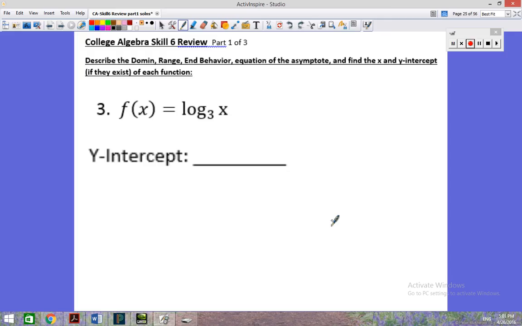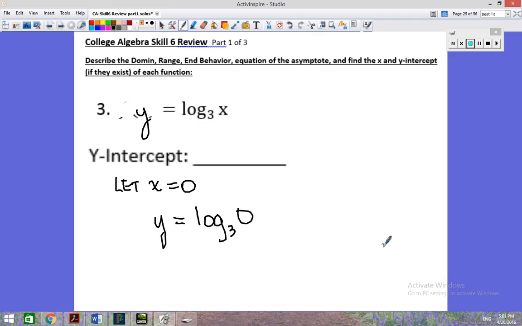Alright. The y-intercept, doesn't matter what type of function it is. If you're trying to find the y-intercept, you let x equal 0. And remember, rather than letting the function notation confuse us, instead of writing f, we can think of that as y. That's how we first learned it. So if x is equal to 0, we have y is equal to log base 3 of 0. Well, we've got a problem there.